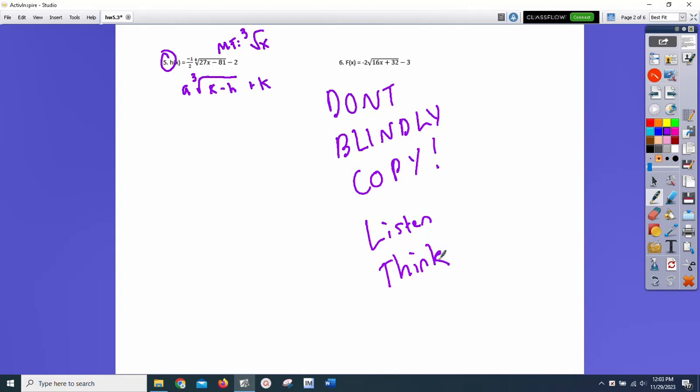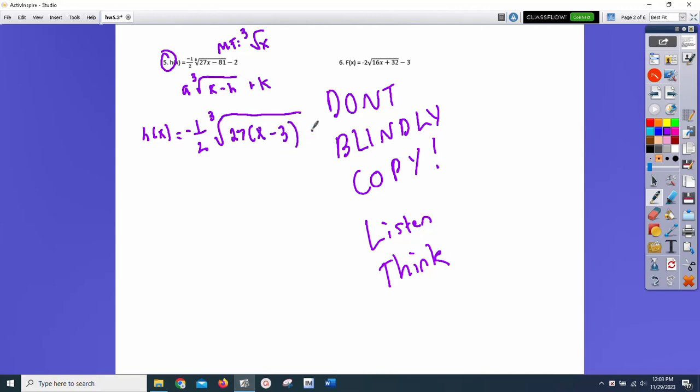All right. So here's what I'm going to do. I'm going to pull that 27 out. Well, not yet. Can't just pull it out of a cubic root. But I can do a little bit of factoring. If I pull a 27 from 27x, there's an x. If I pull it from 81, there's a 3.